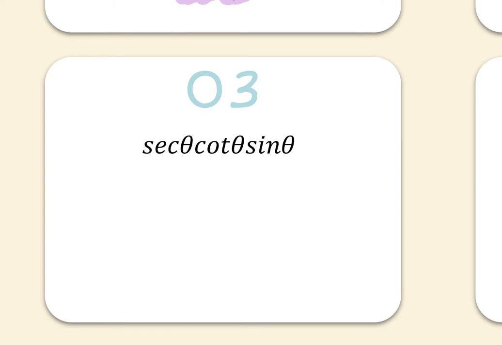Three. So now it's all multiplication. There's no addition or subtraction, which means I can usually rule out my Pythagorean identities and see if there's something else I can do. So what's the equivalent of secant? 1 over cosine. What's the equivalent of cotangent? 1 over tan, or what? Cosine over sine. Other way around.